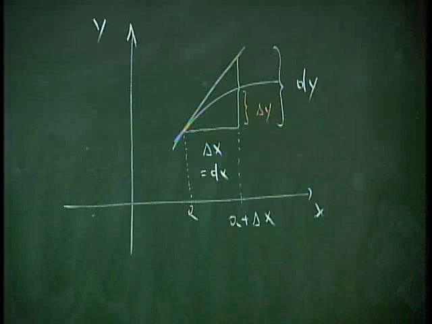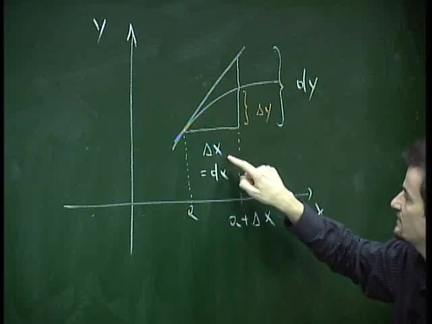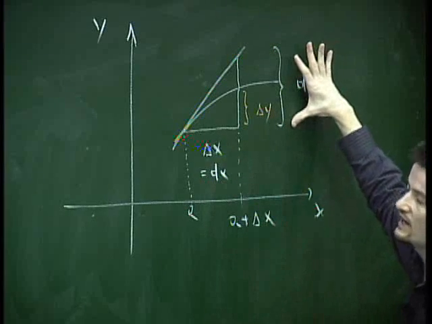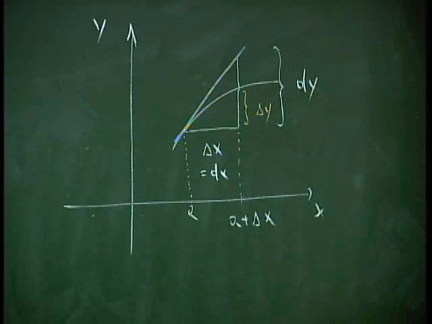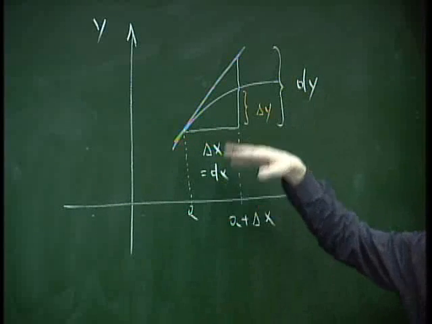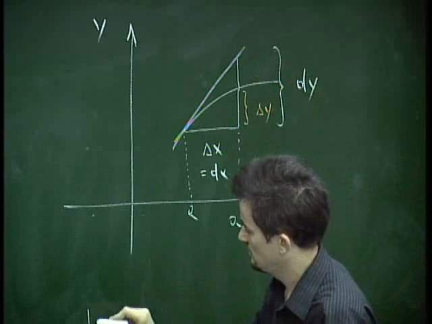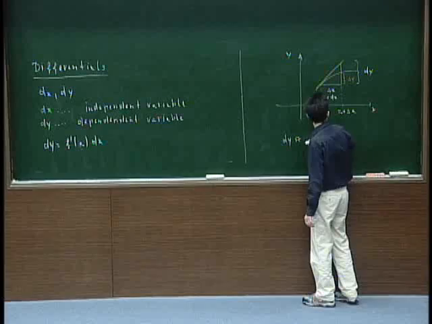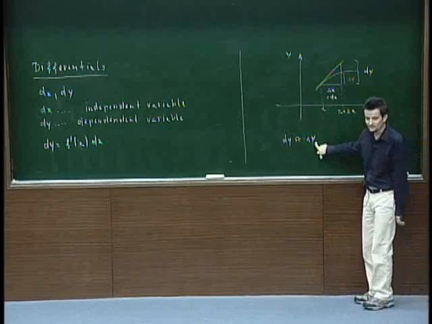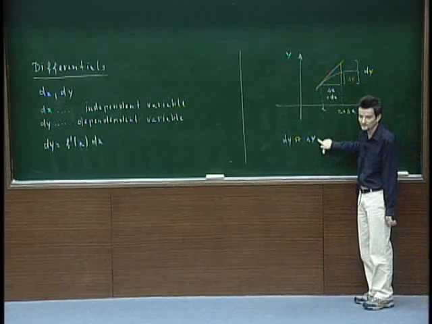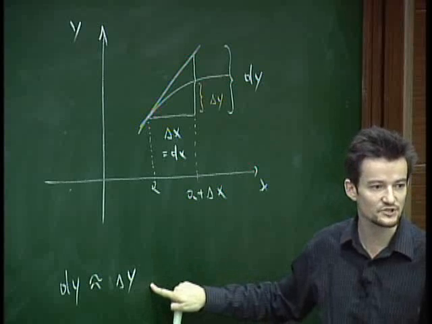So the meaning of dy, if our delta x is equal to dx, is the change in the function value if you replace the original function by the tangent. So you have that dy is roughly delta y. This is not very mysterious.